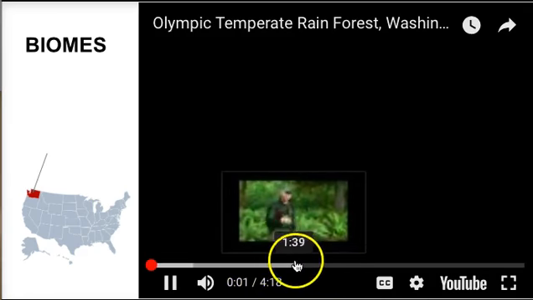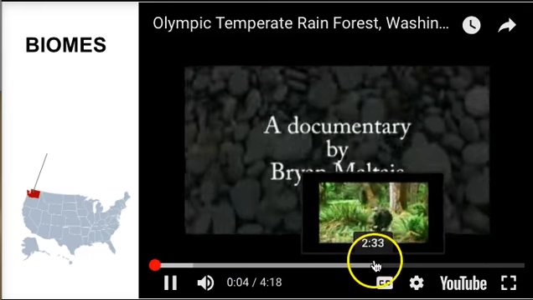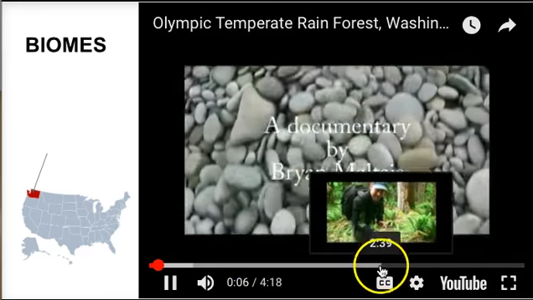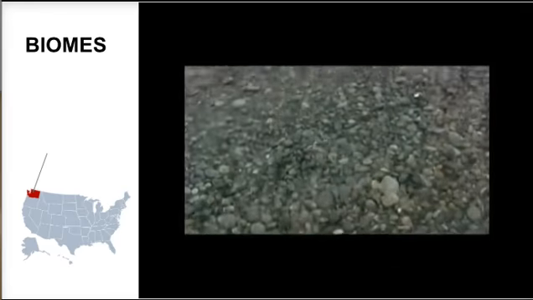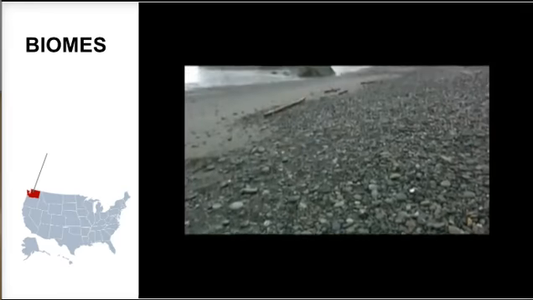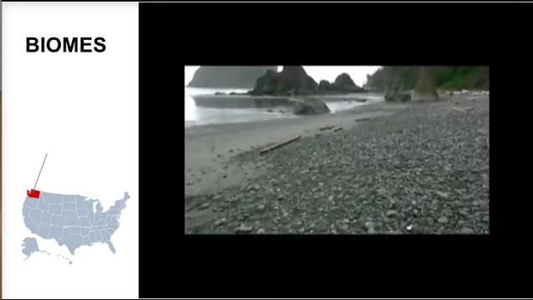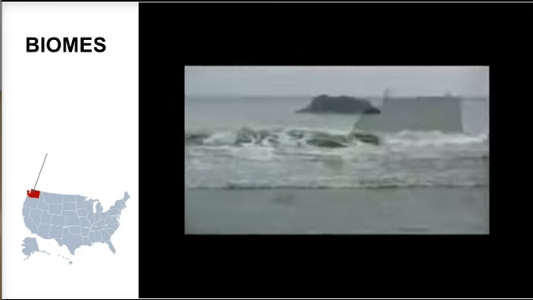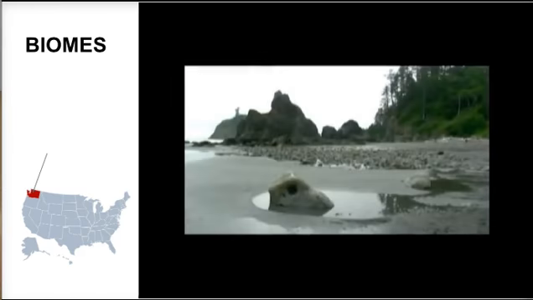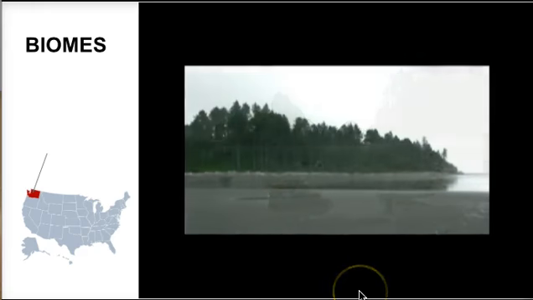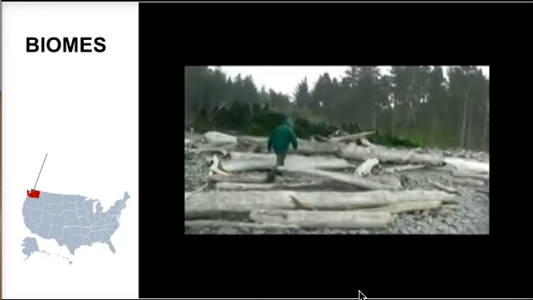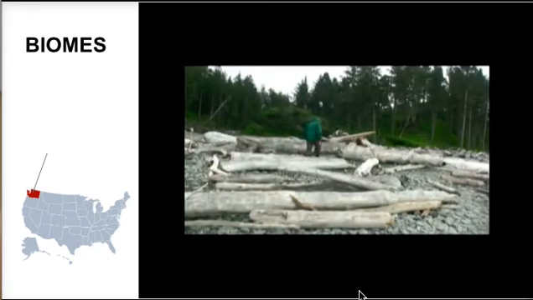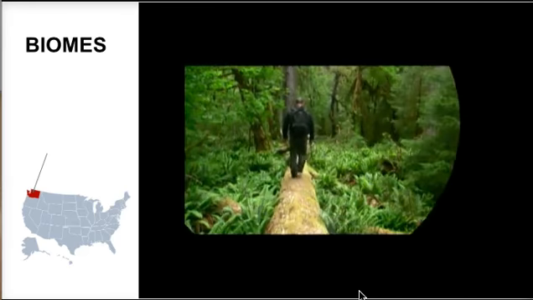Before I leave Washington, there's one more fantastic ecosystem that I want to show you. Washington is such an amazing state because within a day, you can travel from the desert, across mountains, to the rugged Pacific coast, and into the temperate rainforest.